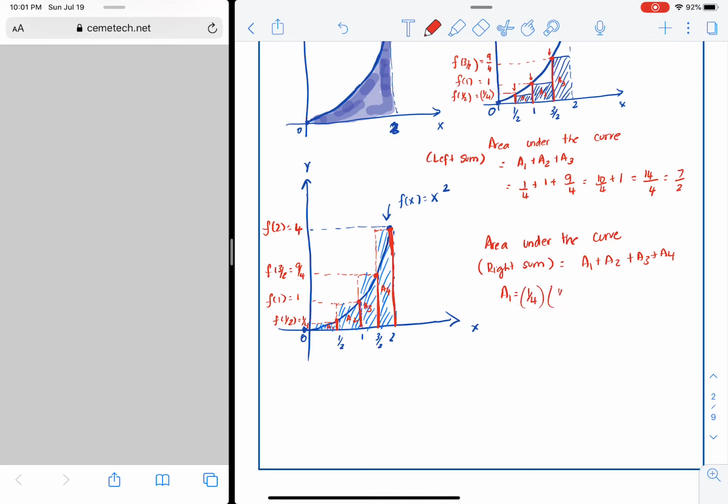The width is 1/2. So we get 1 over 8. I believe I forgot to do something in the previous problem. I simply put the width, but I forgot to multiply it by 1/2. Apologies. So you have to multiply by 1/2. So times 1/2 times 1/2 times 1/2. You get 7 over 4.